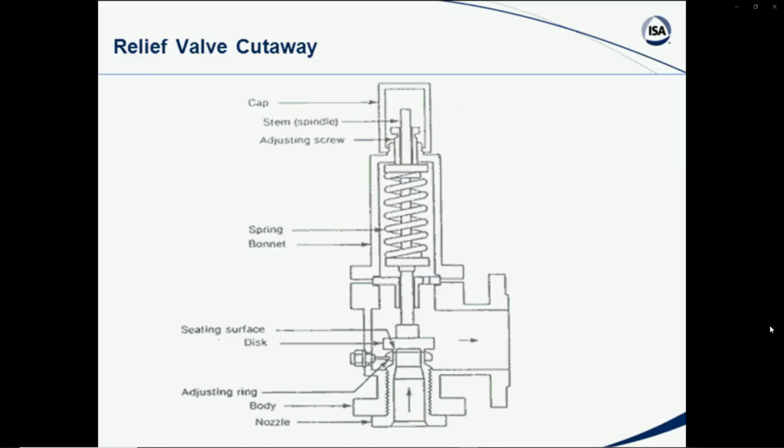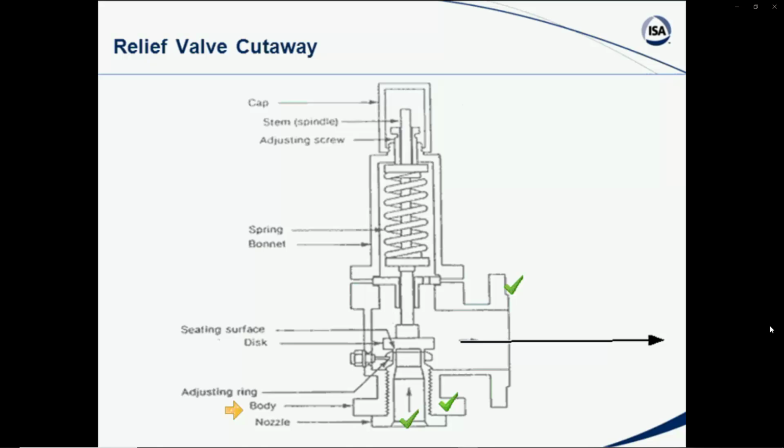All right, what are some of the different parts you may see called out on a relief valve? First of all, you're going to have a body, and that body is going to have an inlet and an outlet. The inlet is attached to the system or pipe you're relieving from, and the outlet goes out to some relief system or relief header. The inlet will be the same size as the nozzle.